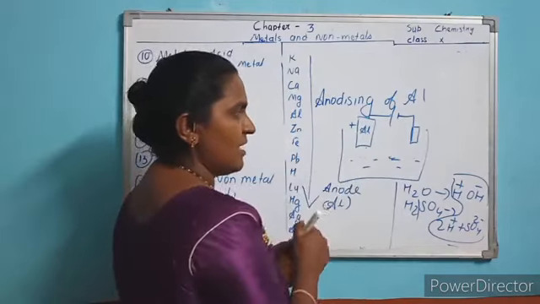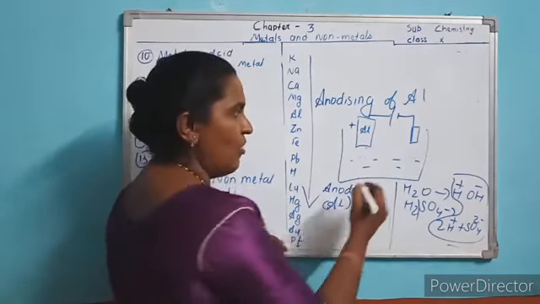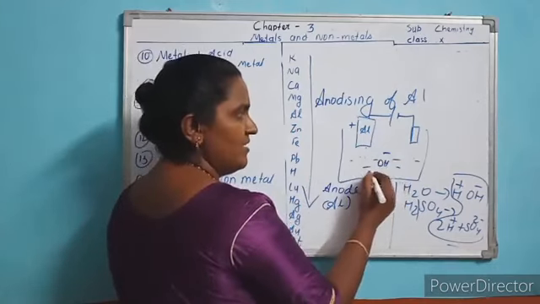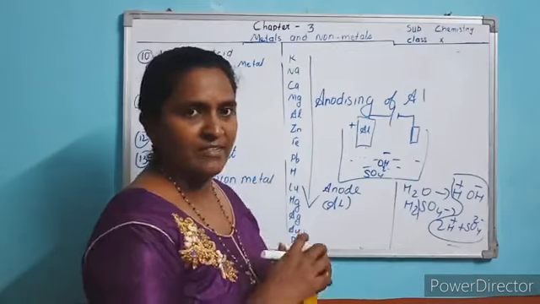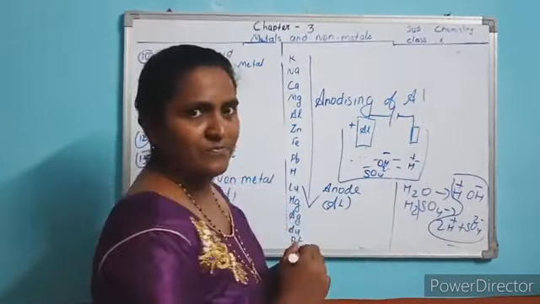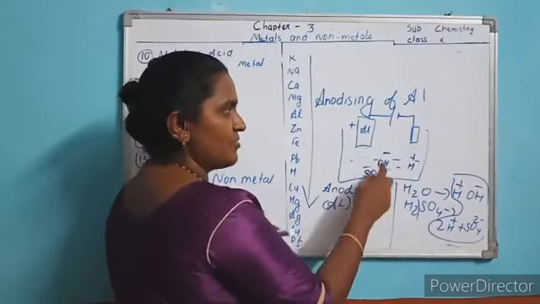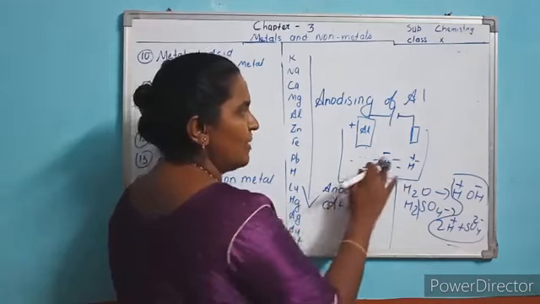To the positive terminal, who migrates? The negative ions migrate. How many types of negative ions are there? Two types: OH minus and SO4 2 minus. These two negative ions migrate to the plus rod, while the H plus ions remain in the solution.